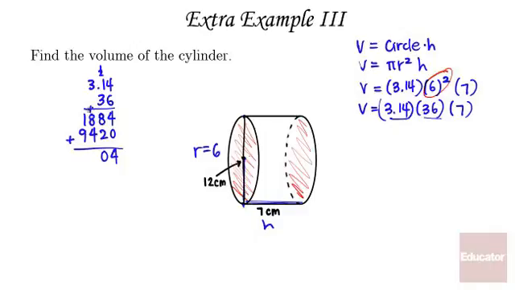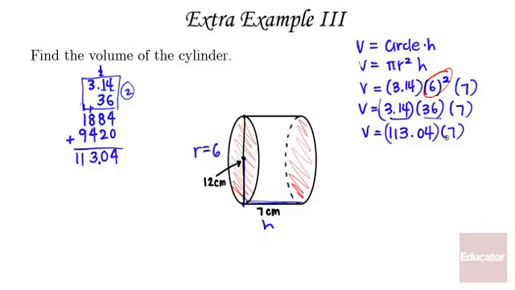This is 9. This is 13. 9, 10, 11. Now we have to go back to our original number and see how many numbers are behind decimal points. So here we only have 2, right? These two numbers are behind decimal points. So in my answer, I'm going to place 2 numbers behind the decimal point, which is right there. So I get 113.04.